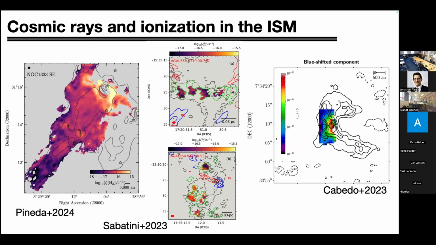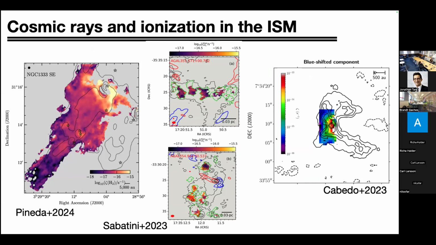And on the far right, this is actually towards a protostar, and you see the ionization rate that's inferred is actually going up to 10⁻13, 10⁻14. So I said that would actually be off that graph in the last one. So now we're going from just single points on a graph to actually having maps of the ionization rate. And this allows us to do much better at trying to constrain the physics of it, because now we can actually look at what the spatial distribution is, instead of looking at points that are not in the same cloud.